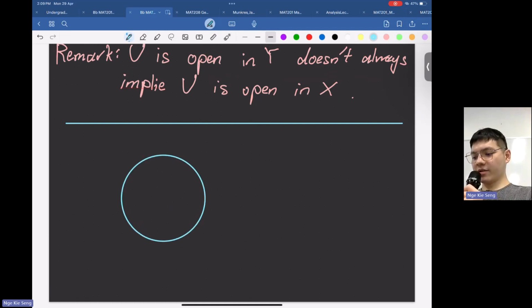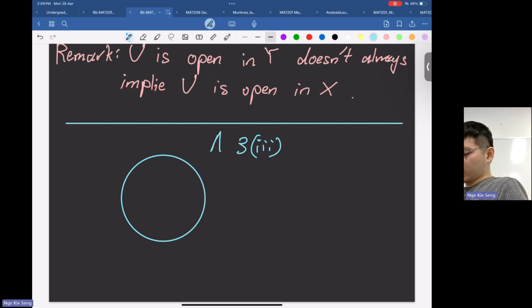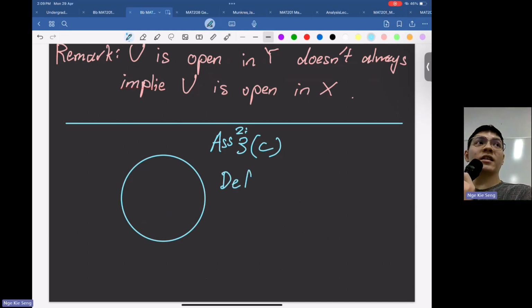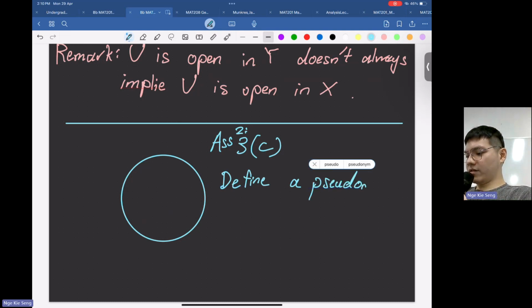Are you guys have you guys tried assignment 2, 3, part 3C? Have you guys tried this? What's the question asking? Define a pseudo-metric on the unit sphere.